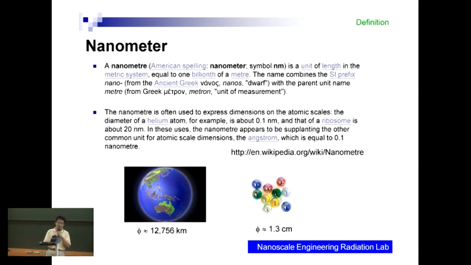So nanometer means 10 power minus 9 meter. It's quite a tiny scale. And it is often used to express dimension on the atomic scale. The diameter of helium, for example, is about 0.1 nanometer, or we say 1 angstrom. It's about 10 power minus 10 meter.